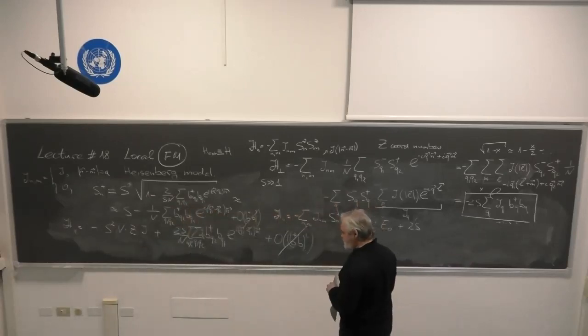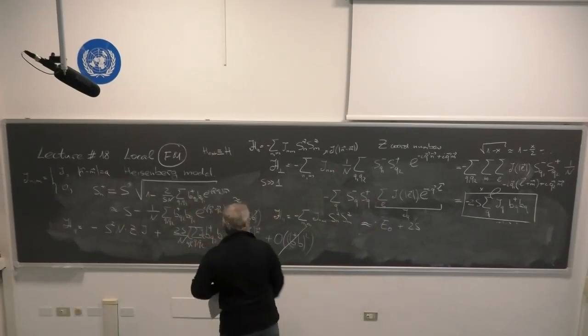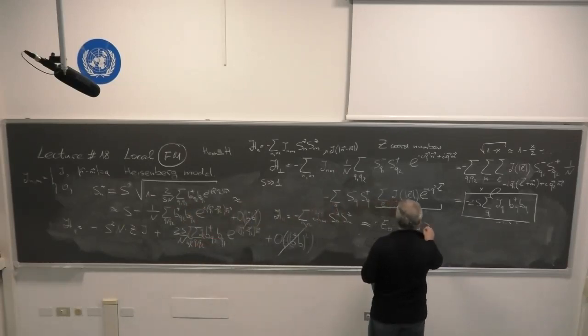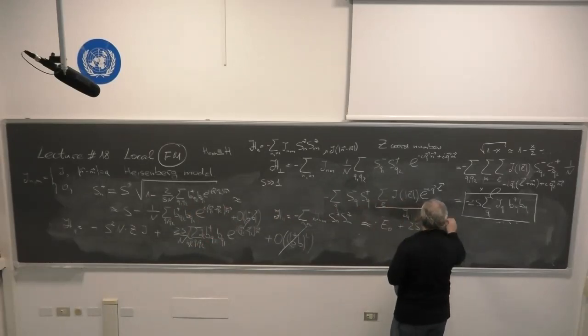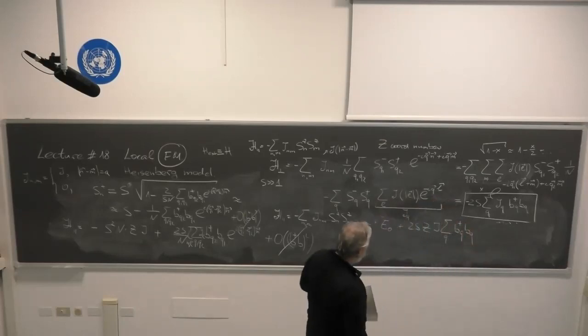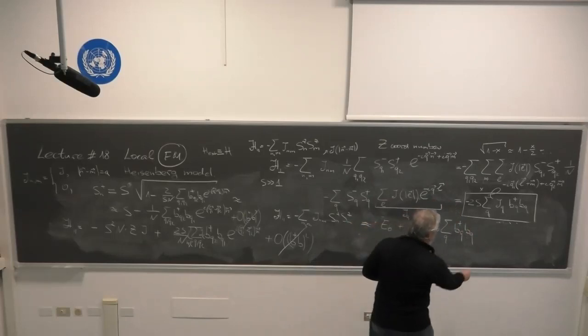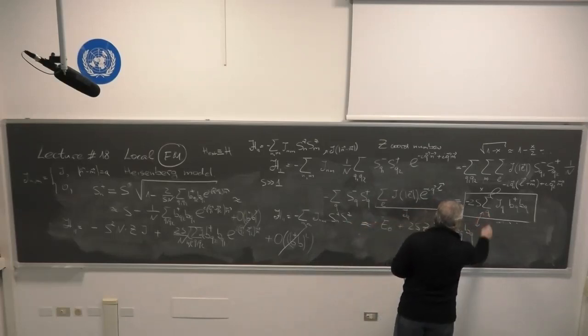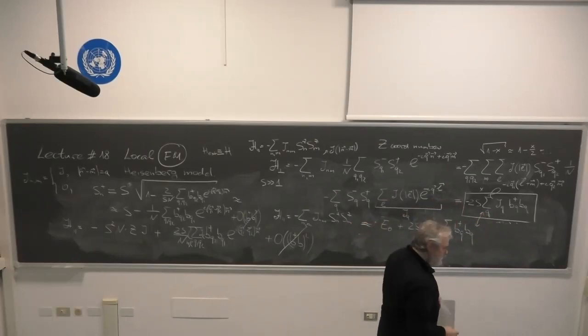Summation over L gives me the coordination number z, and then I have G, and I have the sum over q of b dagger q b q. Okay. We have two terms, this one and this one. Both terms are already diagonal.